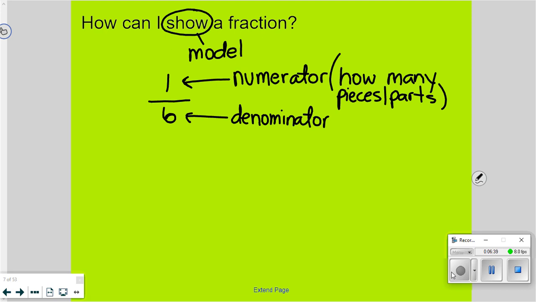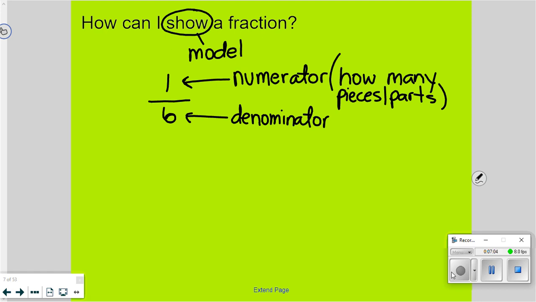You're on the right track. Keegan? How many pieces there? Close. We're missing one really important word. Ariana? How many pieces are in the whole.